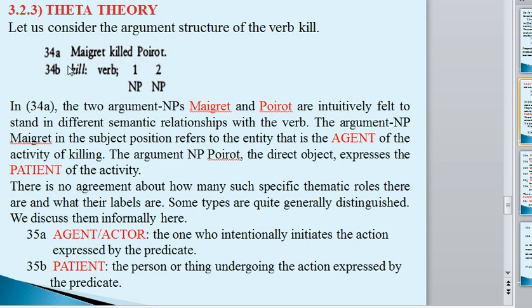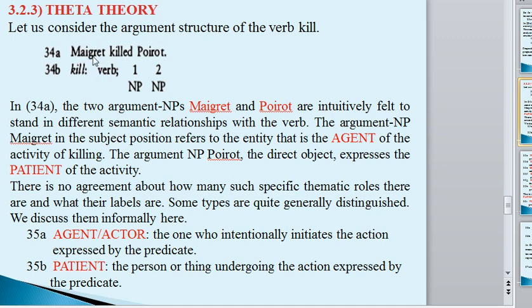So in this example, the two argument NPs, Margaret and Poirot, are intuitively felt to stand in different semantic relationships with the verb. It means that they have a different meaning in relation to the verb. The argument NP Margaret in the subject position refers to the entity that is the agent of the activity of killing.